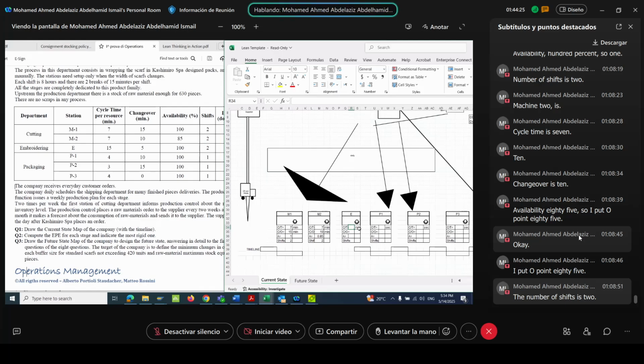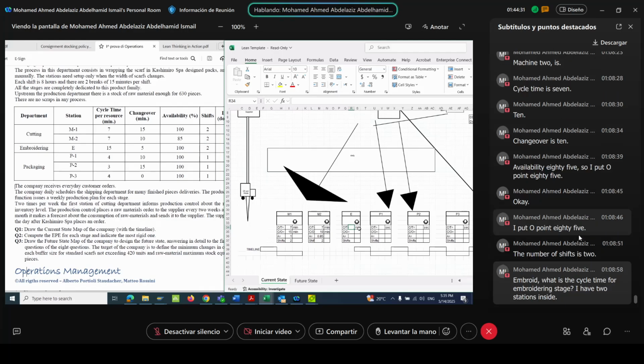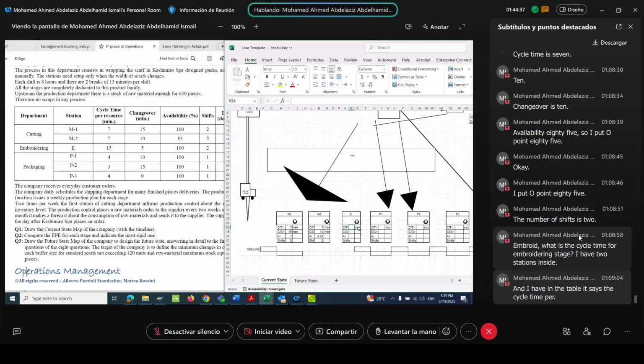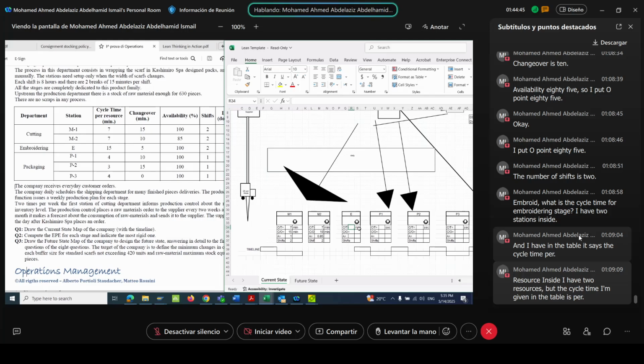Embroidering, what is the cycle time for the embroidering stage? I have 2 stations inside, and in the table, it says the cycle time per resource. Inside, I have 2 resources, but the cycle time I'm given in the table is per resource, which is 15 minutes.